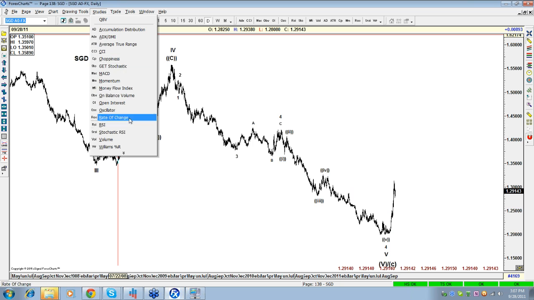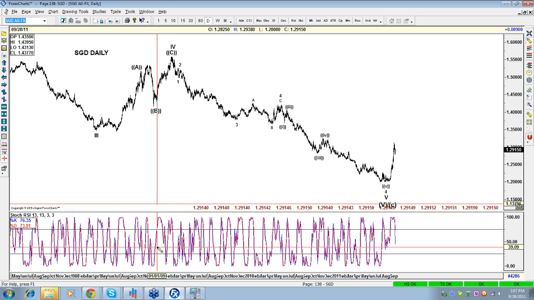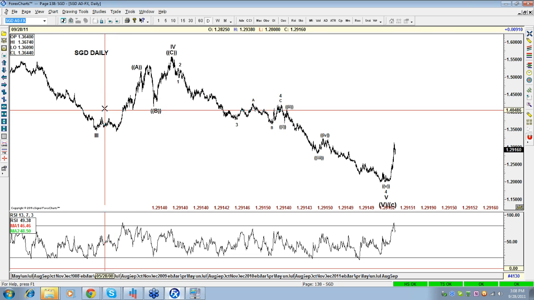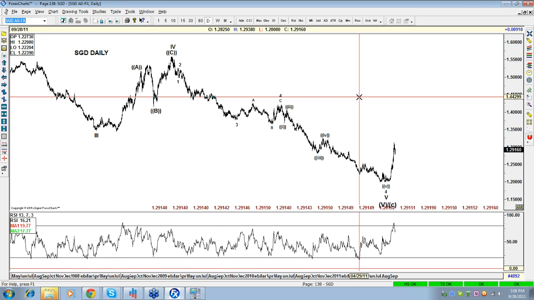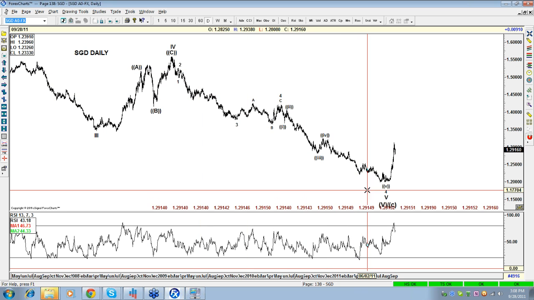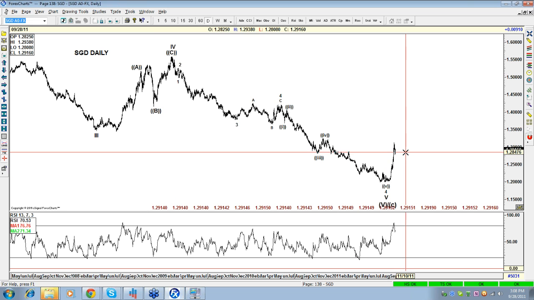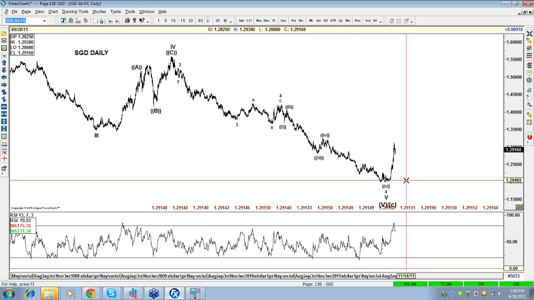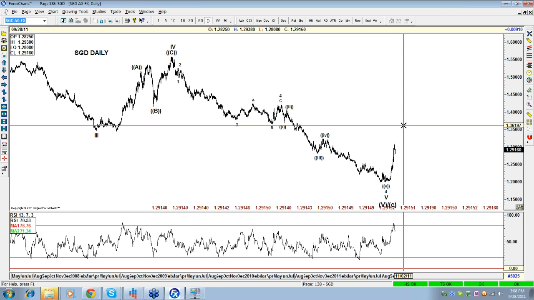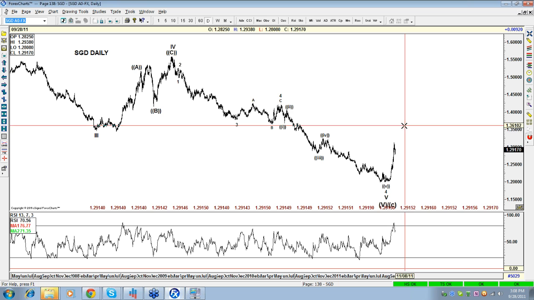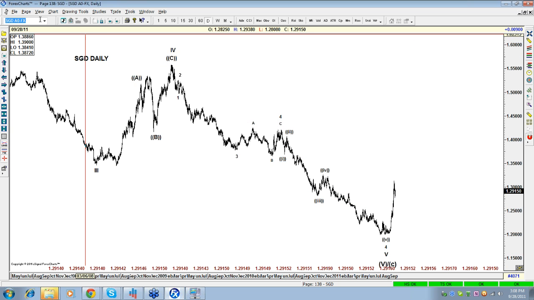Now, because it's an extended wave 5, I didn't get the divergence on the 3 because I'm labeling it as an extended wave 5. The final confirmation is a break above around 136, which is going to negate any bearish view in this pair. That's on the daily.